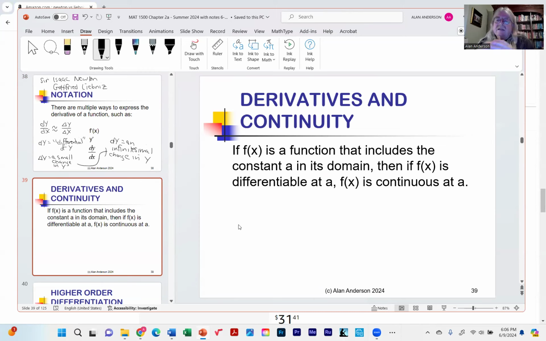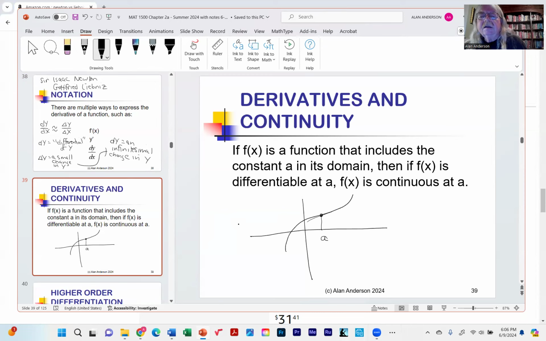So what that means is that if we have some function which has a in its domain, now the way it's written, what it's saying is that here's a. If f of x is differentiable, then the function must be continuous at that point.